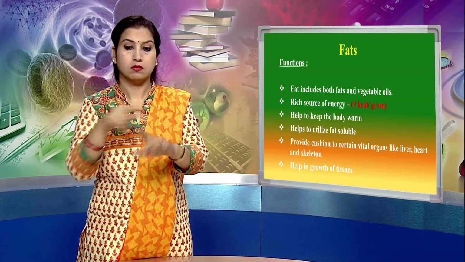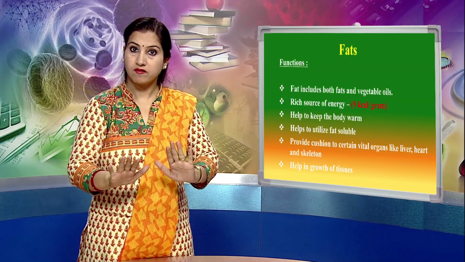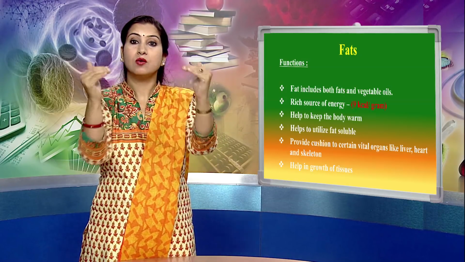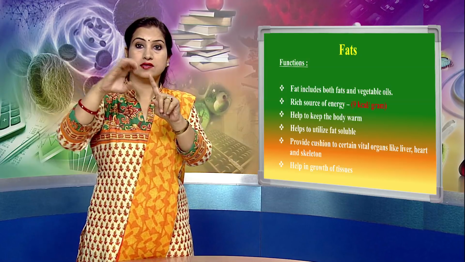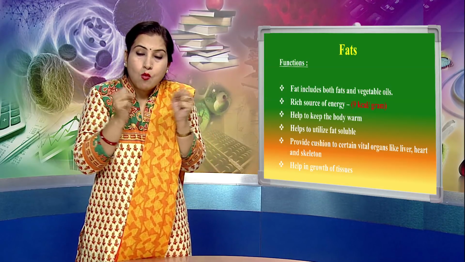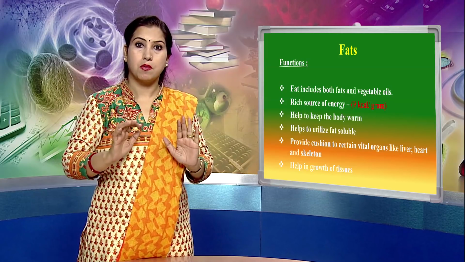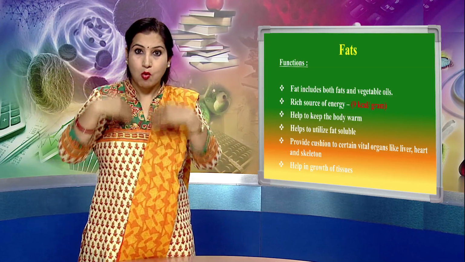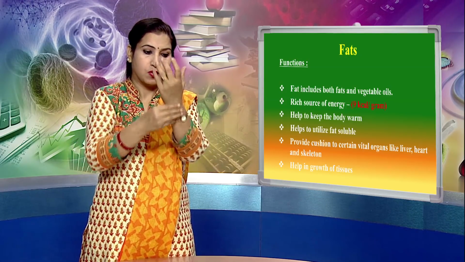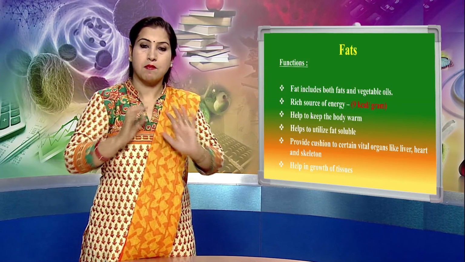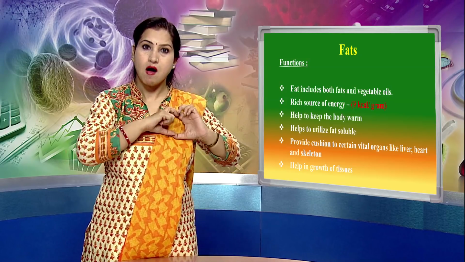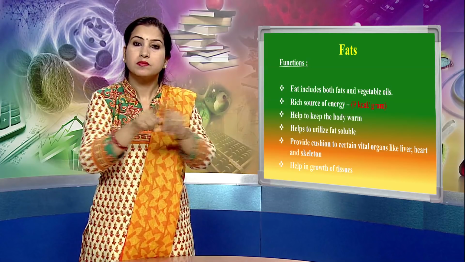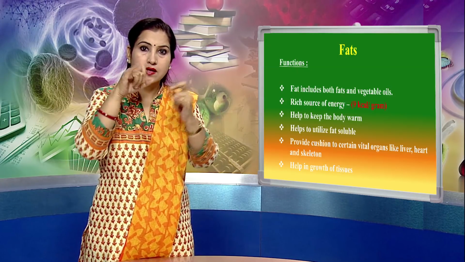It's a rich source of energy, like 9 kilocalorie per gram, helps to keep the body warm, helps to utilize fat soluble vitamins, provides cushion to certain vital organs like liver, heart and skeleton, and also helps in growth of tissues.